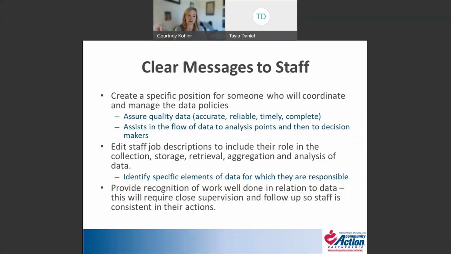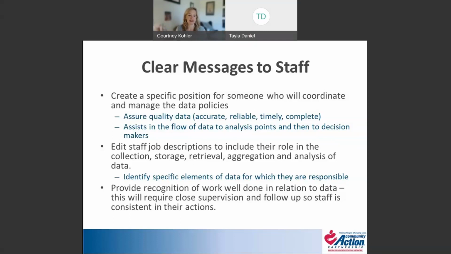And then also, simply providing recognition for work well done in relation to data. So even noticing small things, that people are using data to make a decision on a more regular basis, or that maybe somebody identified an area for that continuous quality improvement cycle to test out to improve a program.